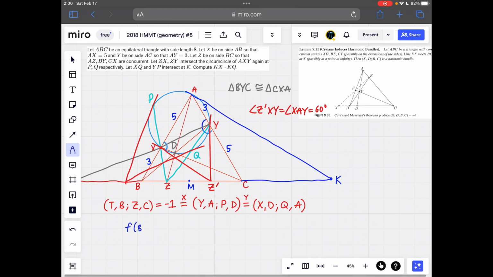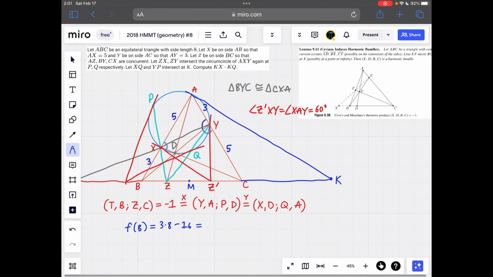We have that f of B is equal to, remember, the power of point B with respect to the circumcircle of AXY minus the power with respect to that fishy circle of radius 0 centered at M. It's 3 times 8 minus BM squared, which is 4 squared, and that's 16.